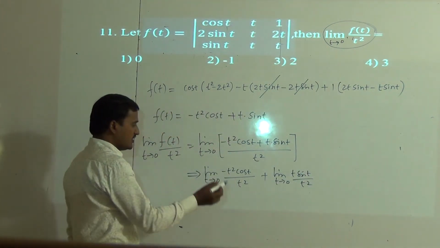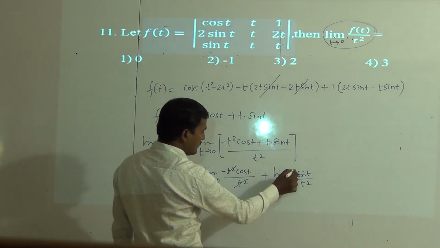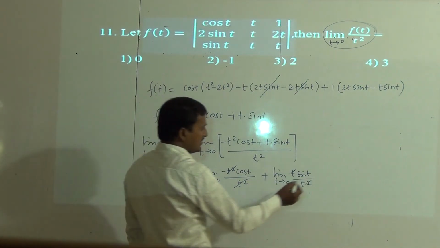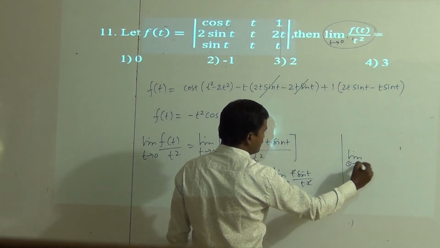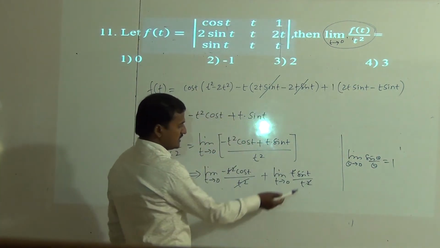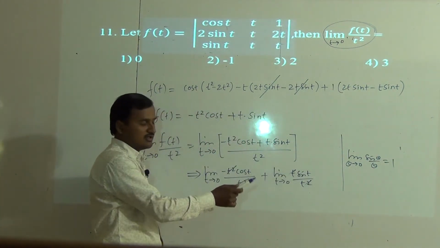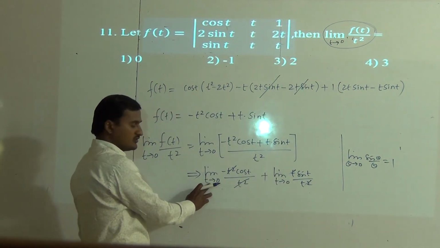Here you should observe t square and t square will get cancelled, and here 1 t and 1 t will get cancelled. So therefore now you got like this: limit theta tends to 0 of sin theta by theta, its value is always equal to 1. In the place of theta we have t. So therefore substitute the value of t equal to 0.